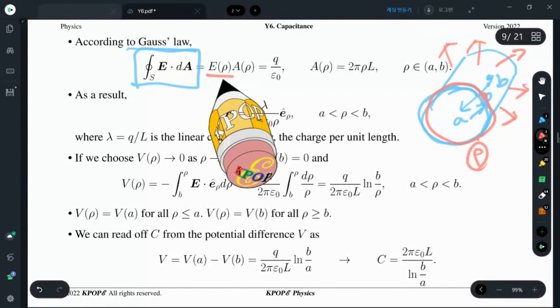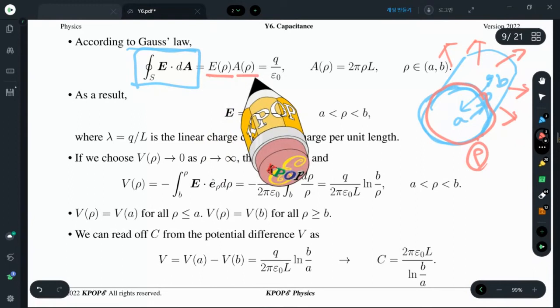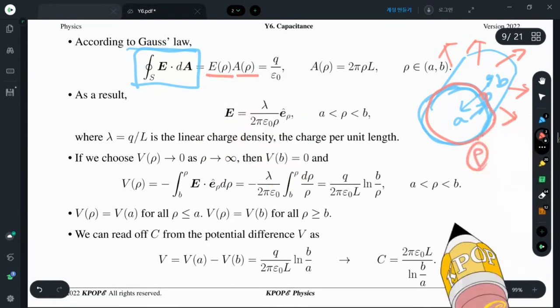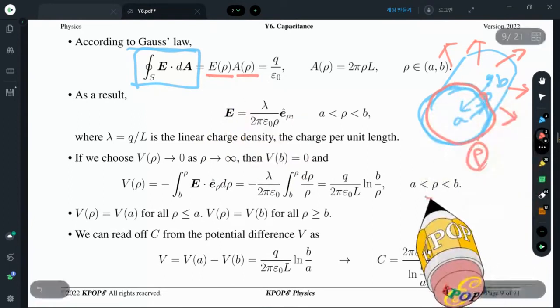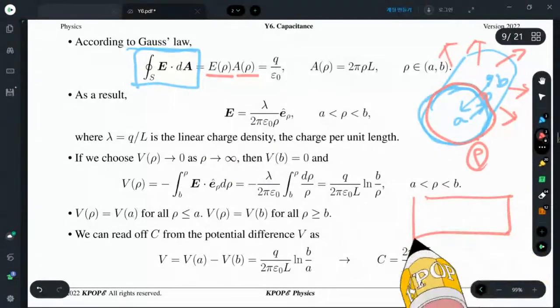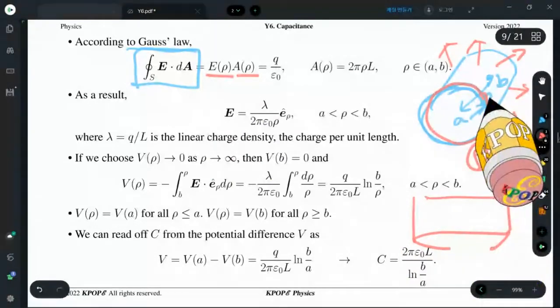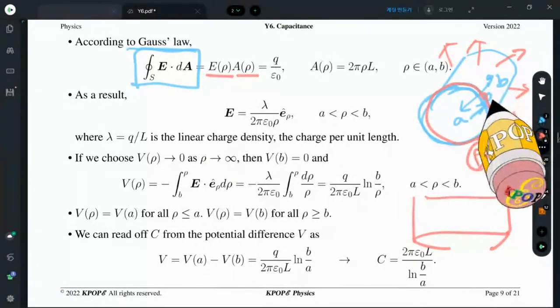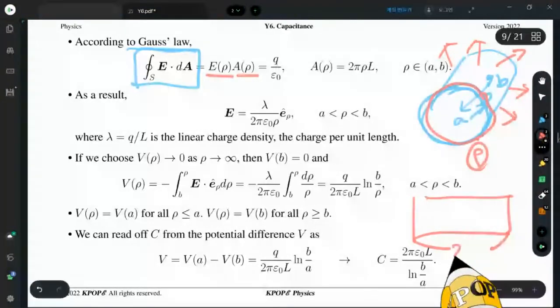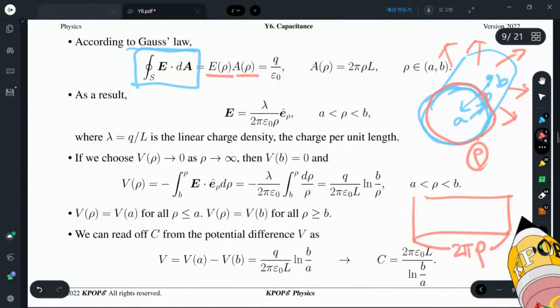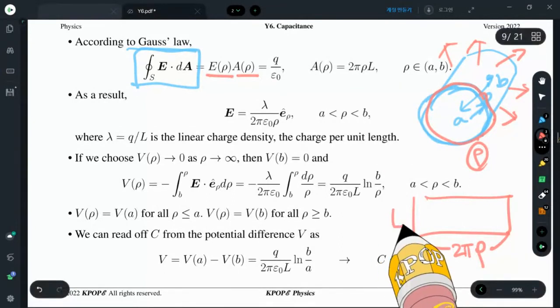Then, if we unfold this cylinder, the cylindrical surface reduces to a rectangle whose width is 2 pi rho and height is L.